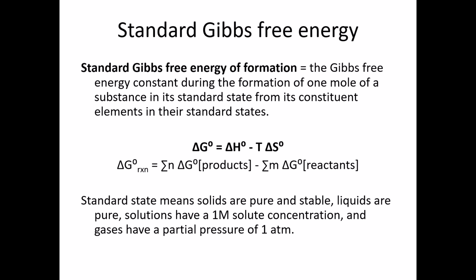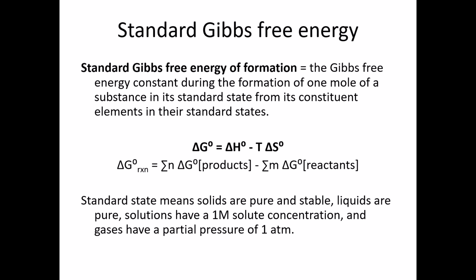Now, just like we had standard conditions for delta H, we also have standard conditions for delta G. This allows us to calculate delta G using the final minus initial idea. So delta G could also be a state function.